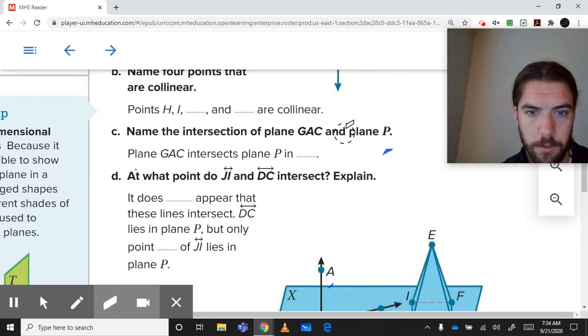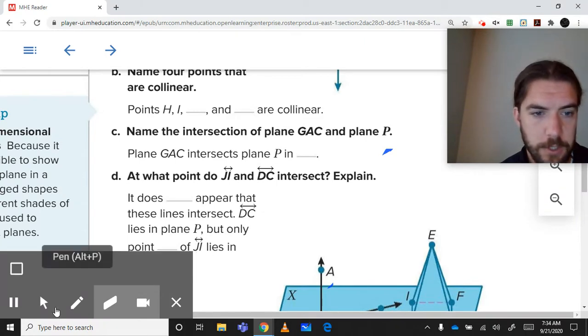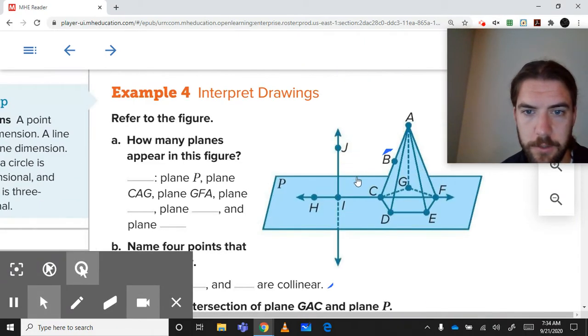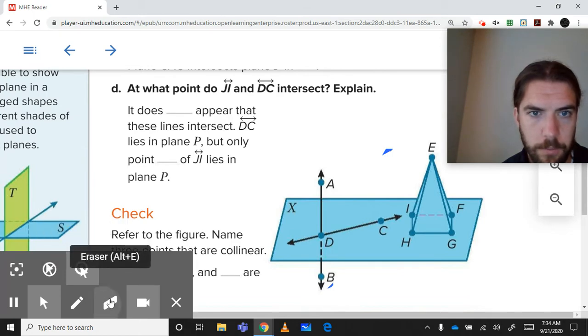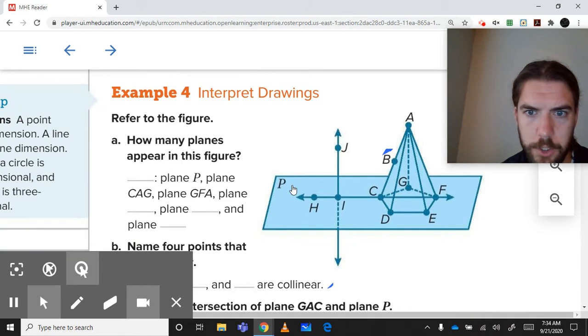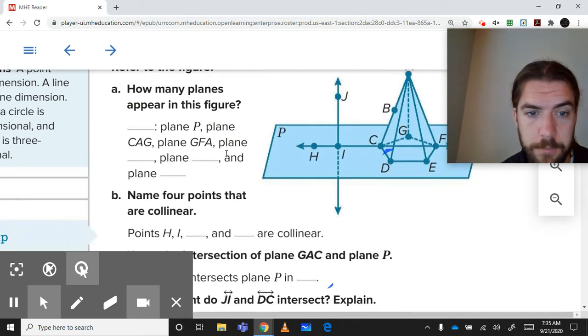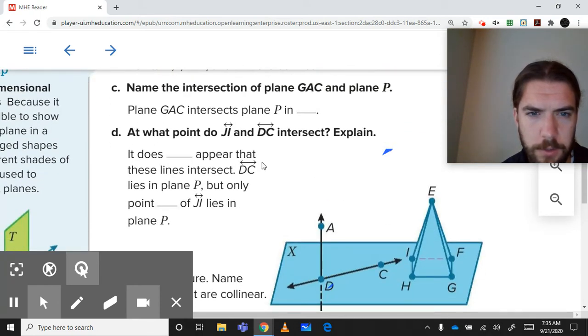Okay, last one for that figure. At what points do JI and DC intersect? So JI and DC. Nope, not for that picture, I guess. Am I correct to say that? Let me scroll up. JI, nope, it was the first picture. So JI and DC, at what point do they intersect?